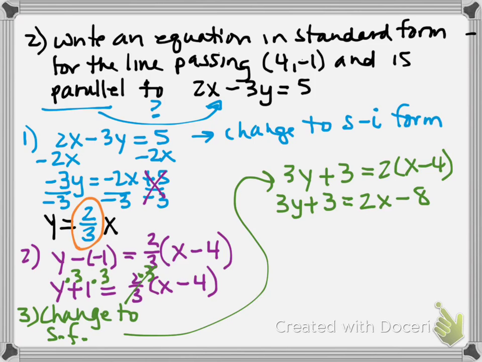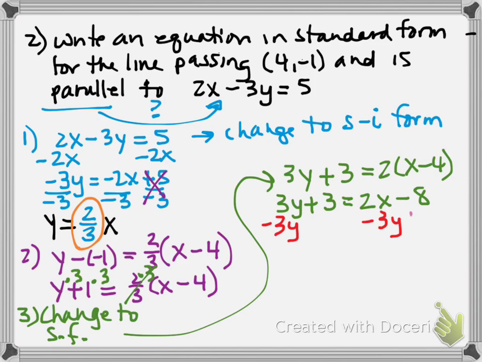Next, we need to get the x's and y's together, preferably on the left, but I'm going to show you a slightly different option. Some kids like to take the y to the side where the x is positive instead of always taking the x to the left. Since my x is currently positive on the right side, I'm going to subtract 3y from both sides to get the x and y together.